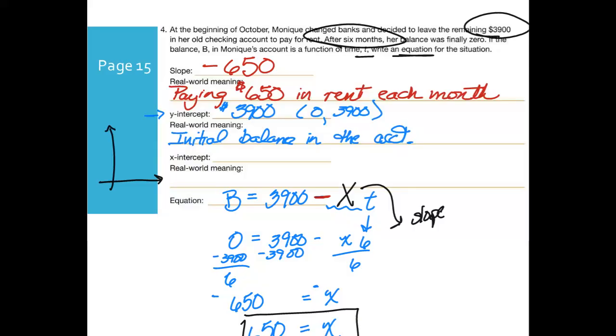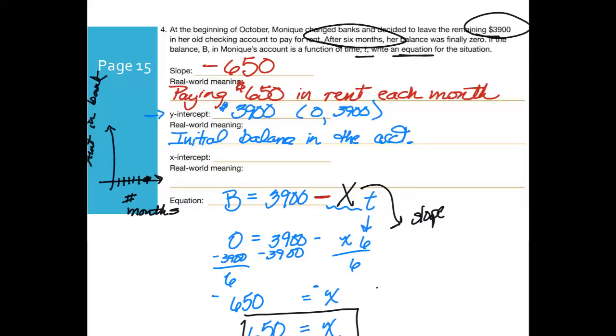After 6 months. So over here, we have the amount in the bank, right? What do we have on the bottom? 650 is your slope, but what's on the bottom? Number of months that go by, right? And after 6 months, her balance is finally 0. 1, 2, 3, 4, 5, 6.